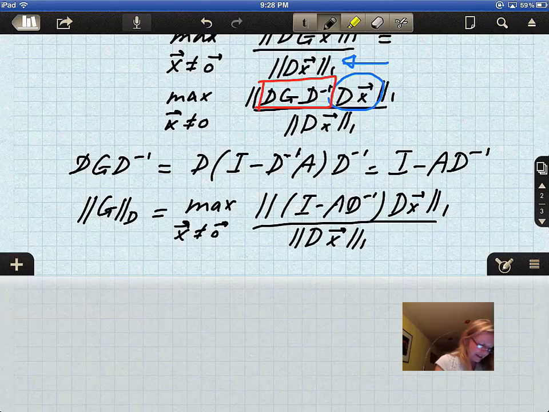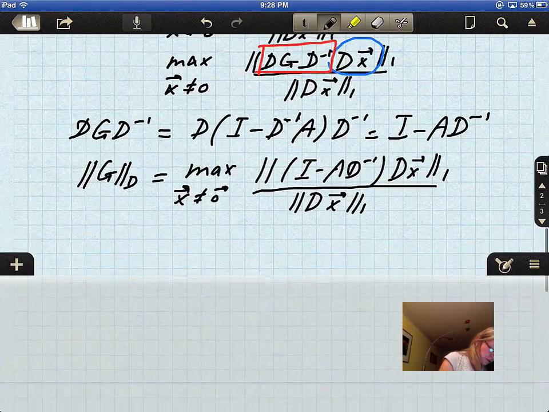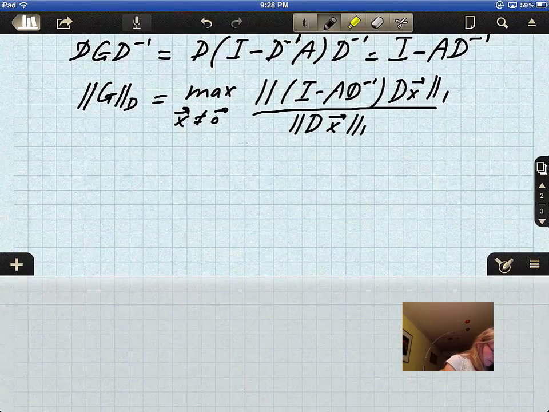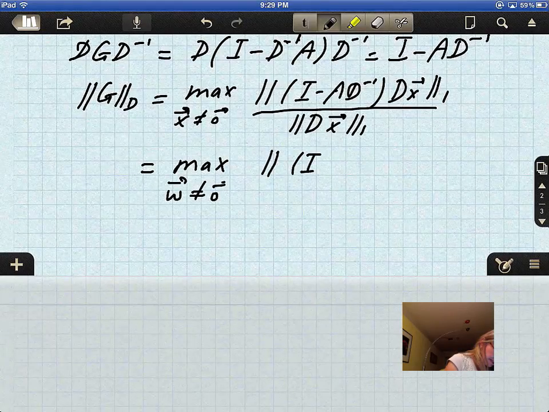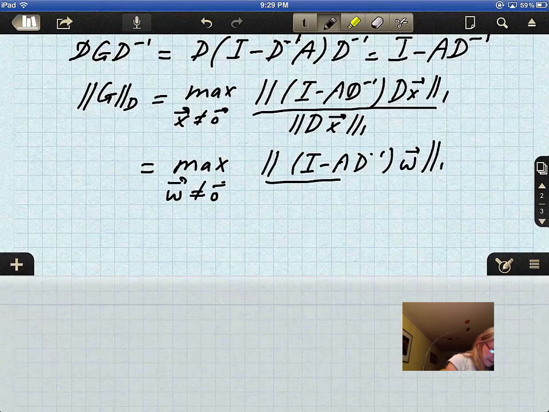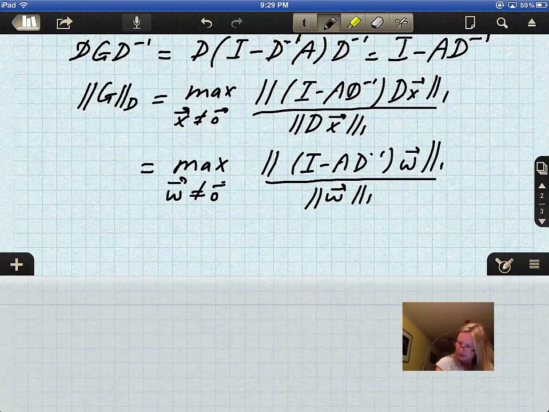Okay, so now we've isolated these D x's, and so why don't we just call them w's? So this would be the same as the max over all w's not equal to 0 of the one norm of I minus D A D inverse times w, divided by the one norm of w.